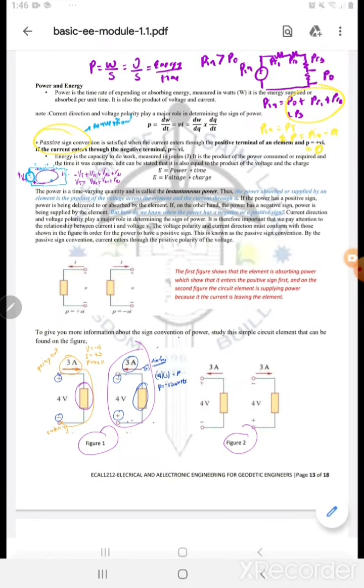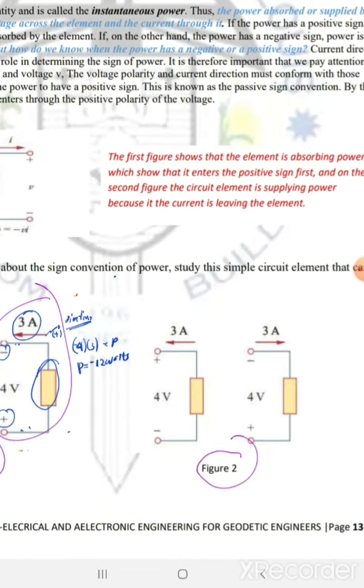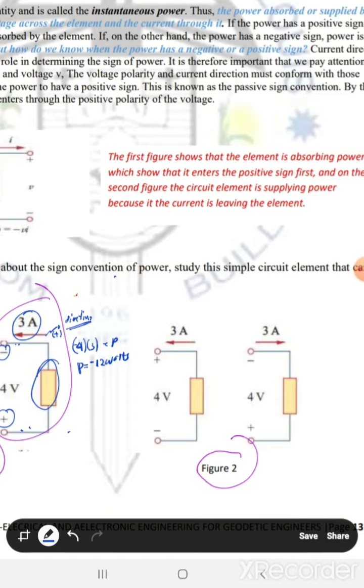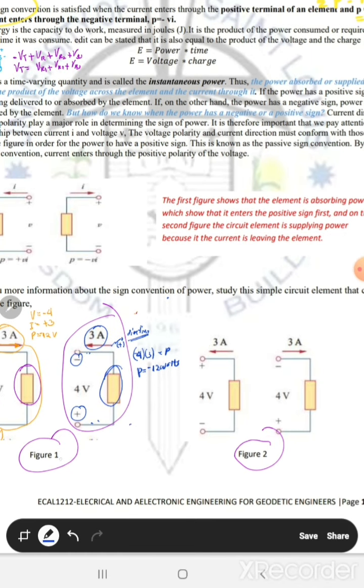Okay? In figure 2, we have 3 ampere going to the left. So in this scenario, you will notice that scenario 2 of figure 1 and scenario 1 of figure 2 have the same current direction.